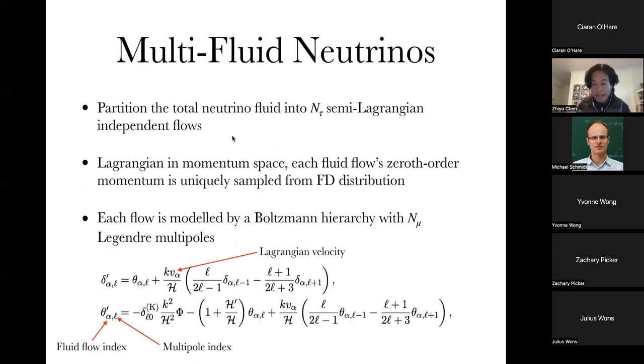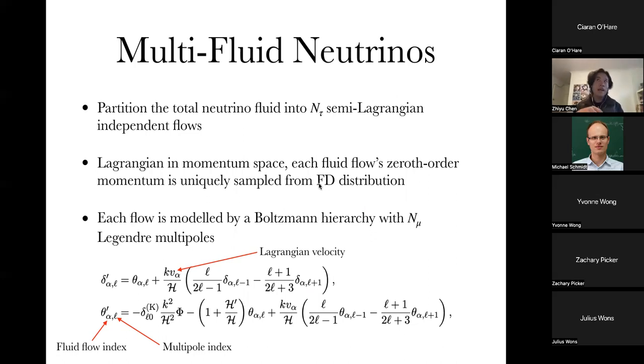You think of each one as a semi-Lagrangian independent fluid, independent flow. It's semi-Lagrangian because spatially they're still everywhere, but in momentum space each fluid is tagged with a particular momentum value sampled from the Fermi-Dirac distribution, rather than being tagged slow and fast.